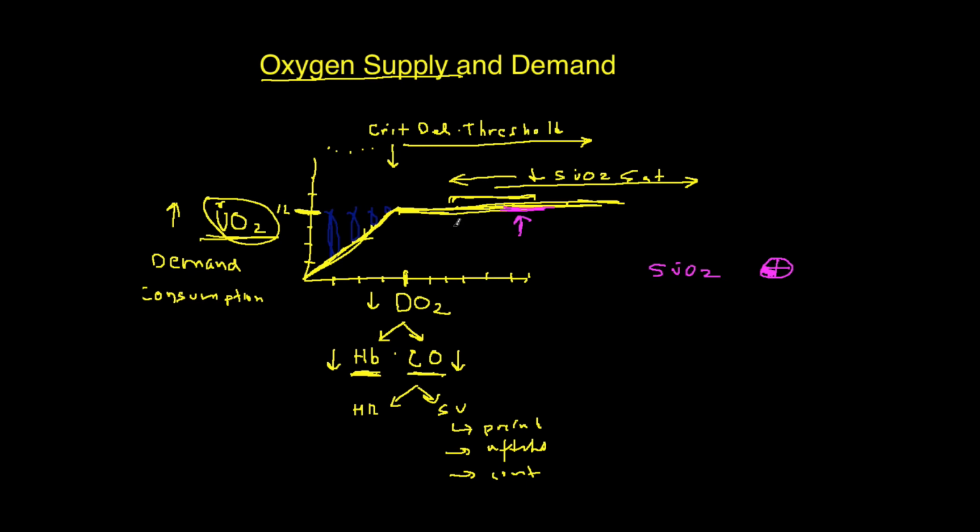We have tons of latitude to move up and down these curves, as well as to increase our activity level and exist on much higher demand curves, and still, through all of that, our ability to metabolize oxygen is not being limited by delivery.